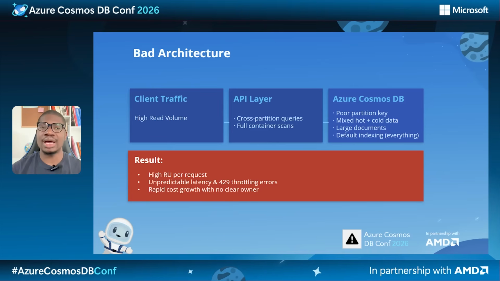We're mixing hot and cold data, indexing everything by default, and using a partition key that doesn't match the access pattern. Each of these may seem manageable in isolation, but if you put them together, they make every request expensive. The costs are not coming from a single bug you can fix in an afternoon. They compound across every layer of the stack.